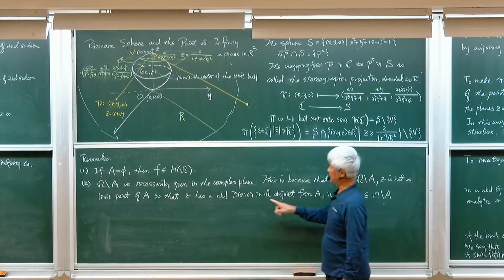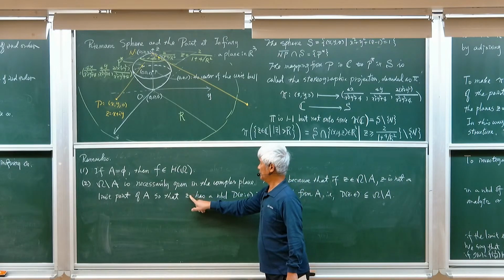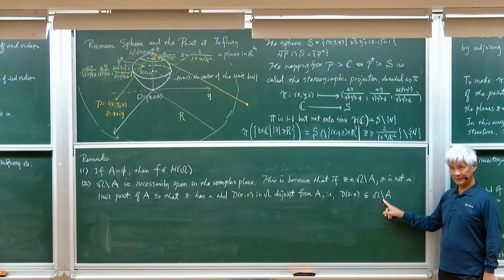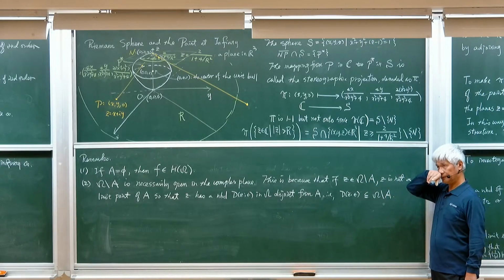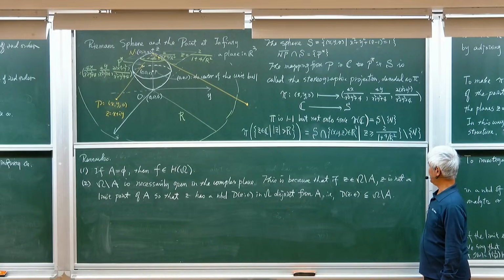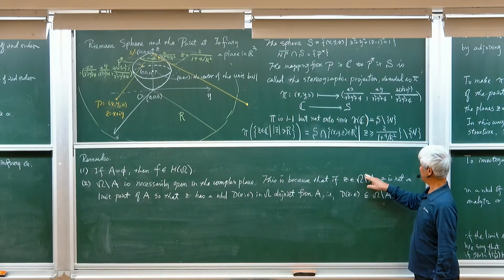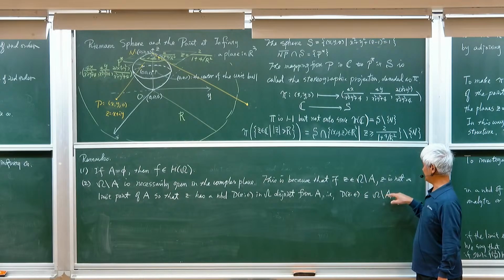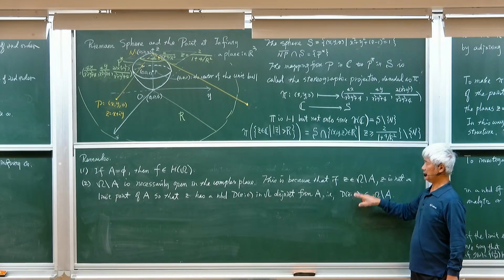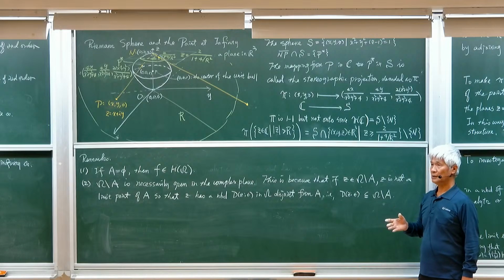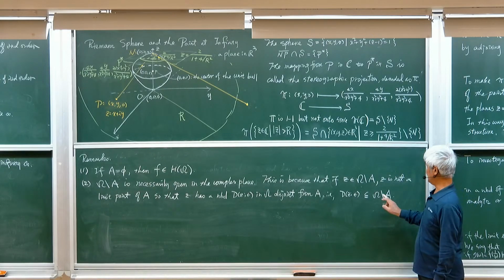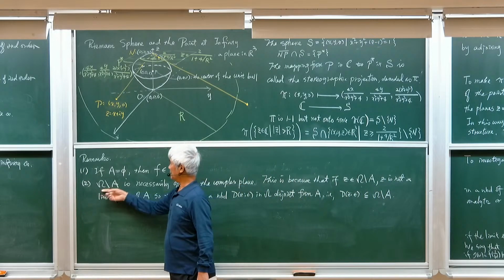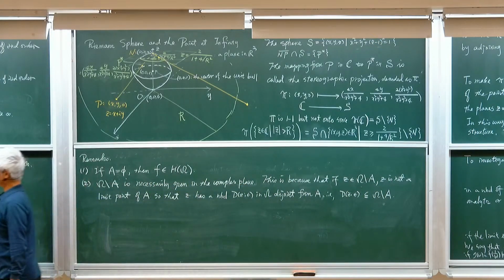We find a neighborhood of z, and the whole neighborhood is contained in omega set minus A. So every point in omega set minus A has a neighborhood contained in it, which fulfills the definition of openness of this set. So this set is also an open set.